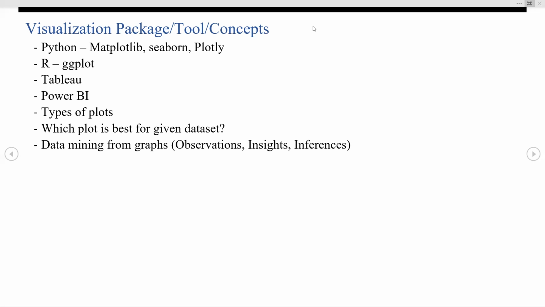Okay, now let's talk about a few visualization packages that you should know if you are learning from a programming language like Python. Python provides a lot of visualization packages, but the most popular ones are Matplotlib, Seaborn, and Plotly. Matplotlib is very basic and useful only for static plots.